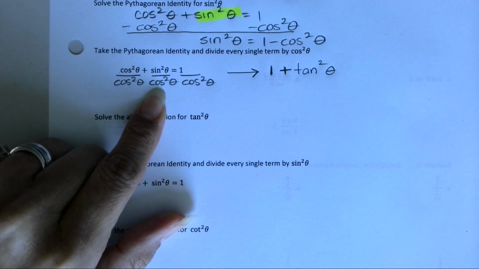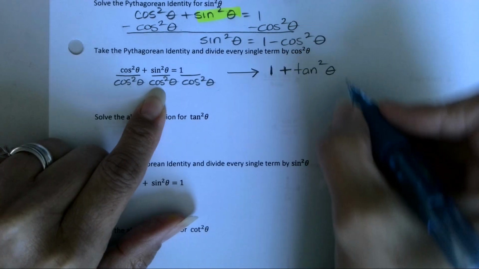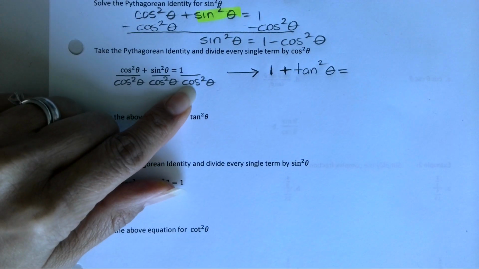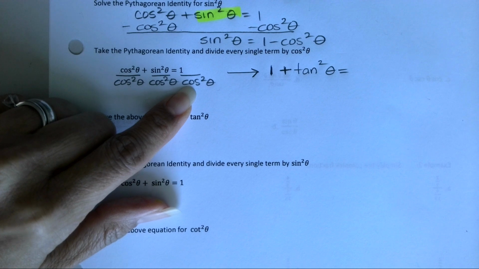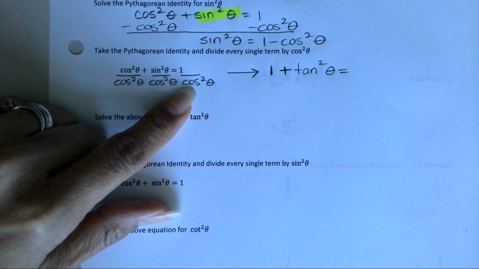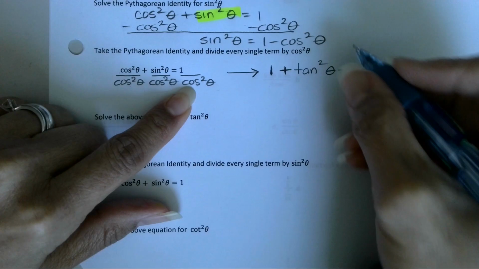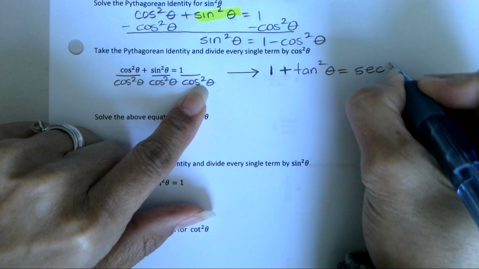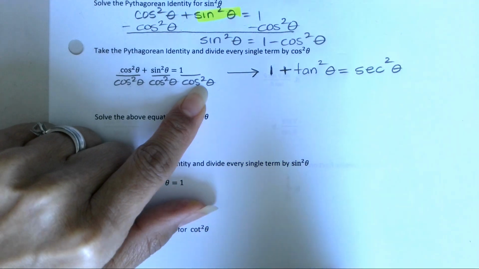In that same manner, if you go back upstairs and look for 1 over cosine, glance back to the top with me. Secant, very good. Now since this one was squared, we just need to add on that little 2.